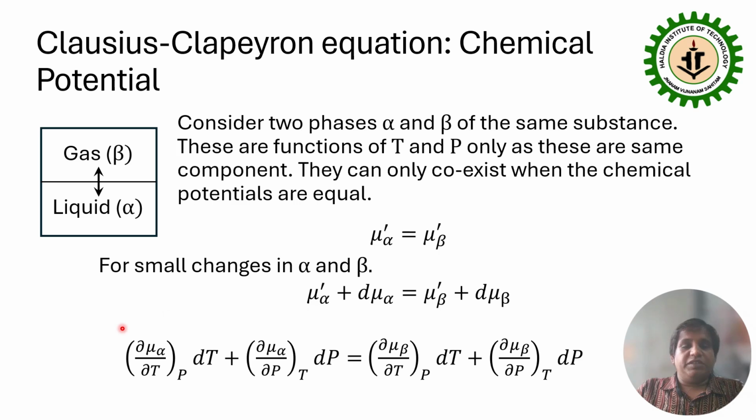If we express this using the expression of free energy, we can write this equation, where ∂μ/∂T at constant pressure is the temperature coefficient, the change in chemical potential per unit change in temperature at constant pressure, and ∂μ/∂P at constant temperature is the change in chemical potential per unit change in pressure, and the same for the gaseous component.